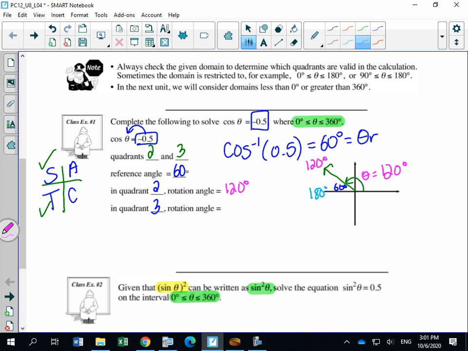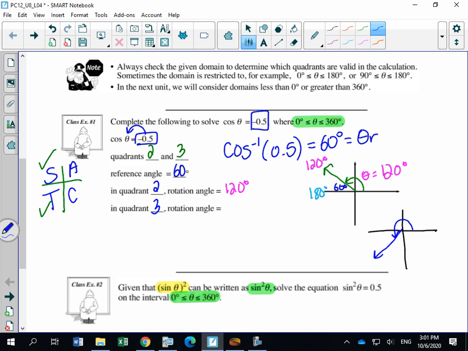My second answer: I'm going to draw a second Cartesian plane for the next one. I know that cos is negative in quadrants 2 and 3. So now I've got to go to quadrant 3, and I need to draw my rotational angle in there. That's what they want.